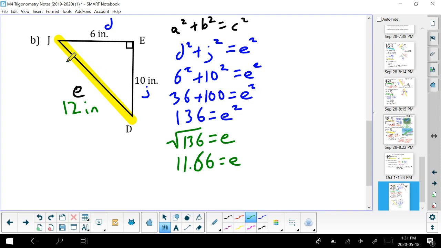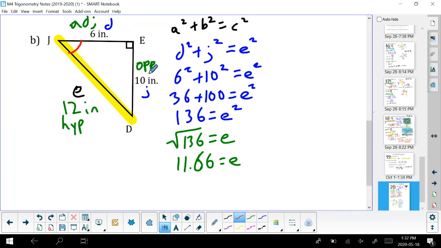My next thing that I want to figure out is what angle J is. So for angle J, we can use a trig ratio to figure this out. We've got my opposite side here, if we're using our reference angle. We know that your hypotenuse is going to be this side, which means that over here will be my adjacent side.